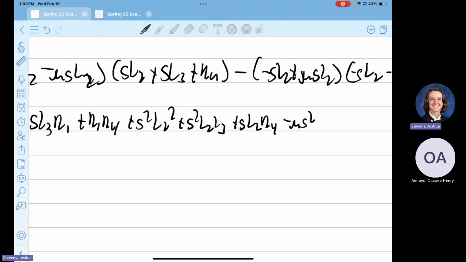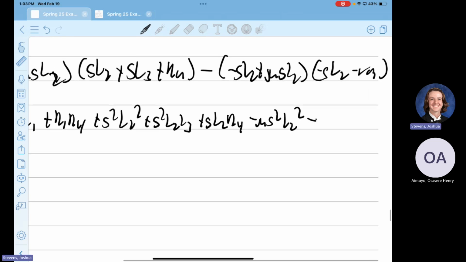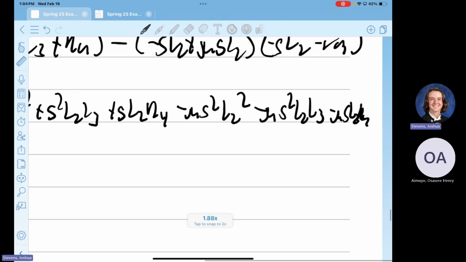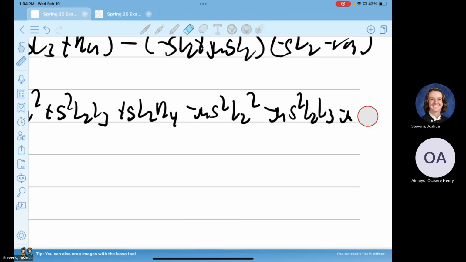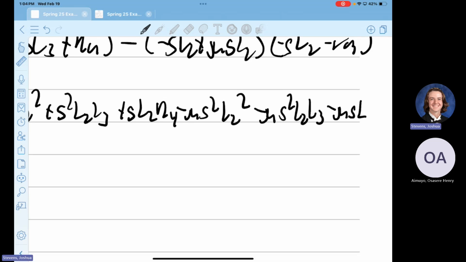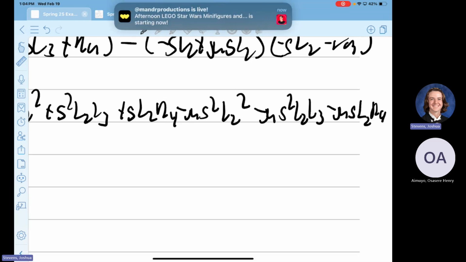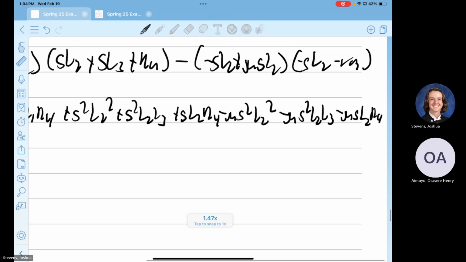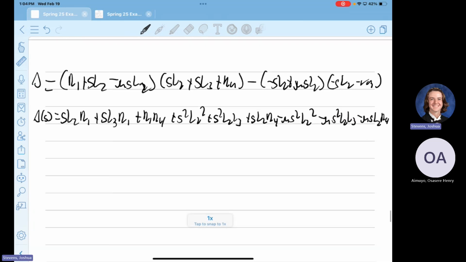Negative mu S squared L2 squared, negative mu S squared L2 L3, negative mu SL2 R4. That's that half. Now you go on the next half.